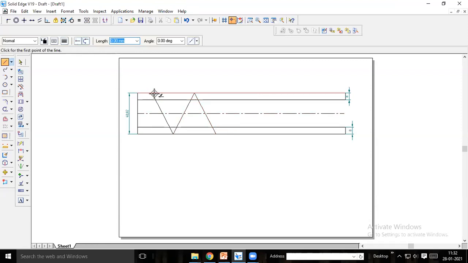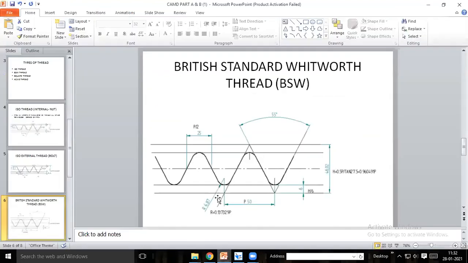So now I have drawn lines which have a sharp root and sharp crest. I don't want this. The British Standard Whitworth convention is that you will have a curved profile here. So what is the value for drawing that curved profile? From this point, the radius is equal to, you note down this formula: R = 0.137329p.